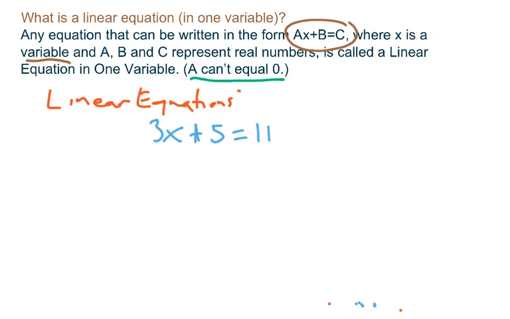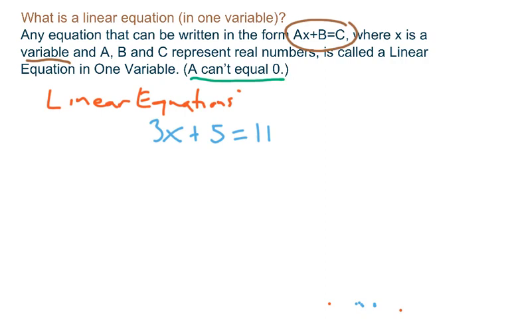Notice that this fits exactly into this form. My plus sign looks terrible, though. Let me fix that. There, that's much better. 3x plus 5 equals 11. a, b, and c are 3, 5, and 11. They represent specific real numbers. The x is the variable. That's an example of a linear equation.